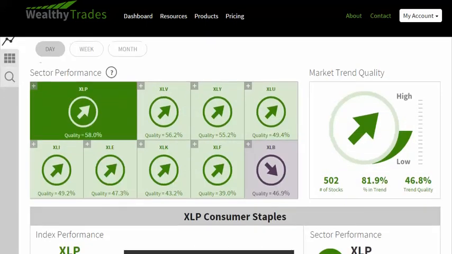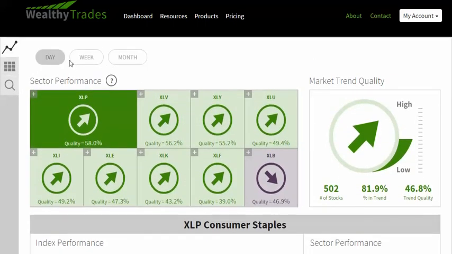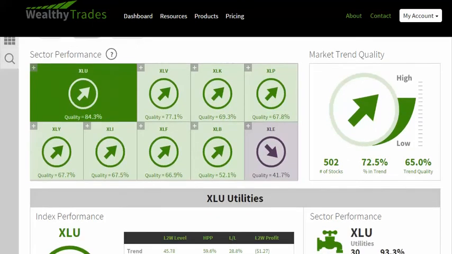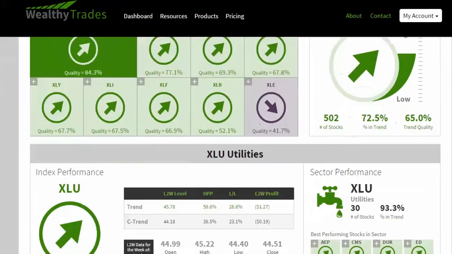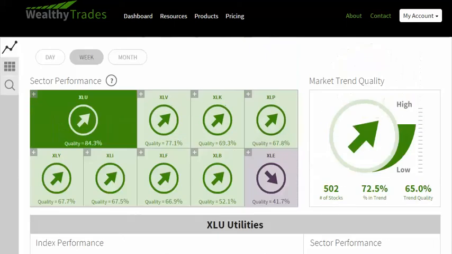The reason why we're doing a pairs trade is because the quality gauge is not that good on a weekly basis. If you remember what we did, the XLU is the best sector to focus on, but using our pare down method, we didn't find anything that met all of our requirements.